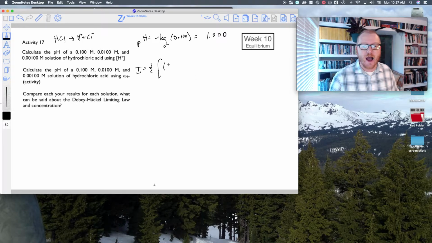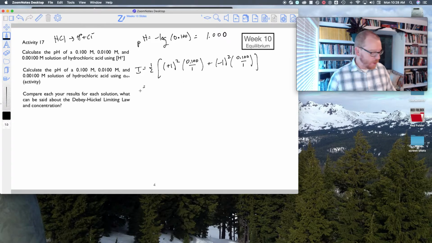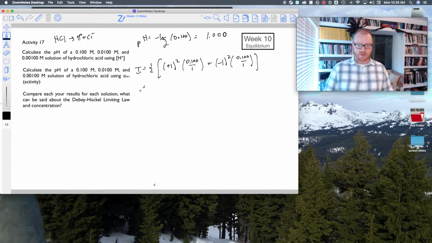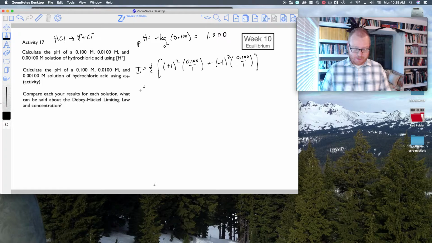So that's going to be +1 squared times 0.100 divided by 1 plus -1 squared times 0.100 divided by 1. And when I sum all this up, hopefully you can see what the number is going to be, but I'll do it just for consistency.